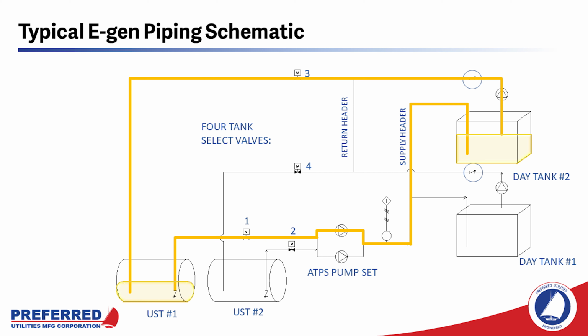This one shows 2 day tanks filled by an automatic transfer pump set that can draw from one of 2 underground storage tanks, those USTs. For above ground storage tanks, we use the acronym AST. But what the pump and pipe sizing program is intended to do is make sure that your suction and discharge conditions for the transfer pumps are within the limits of what the pumps can supply.